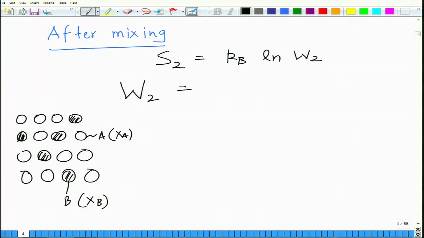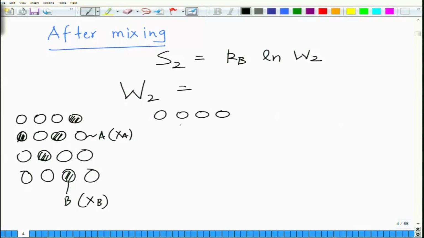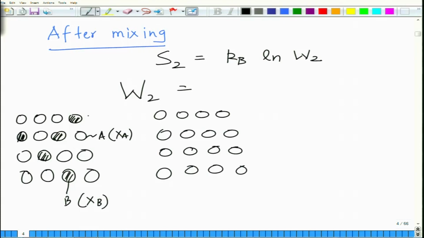If they can be randomly distributed, there are multiple ways you can arrange A and B, and each manner can be different. So this is one possible manner. In another possible manner, you can have a situation like this. Just count the number of atoms. I have marked 5 atoms as gray. This is another configuration.